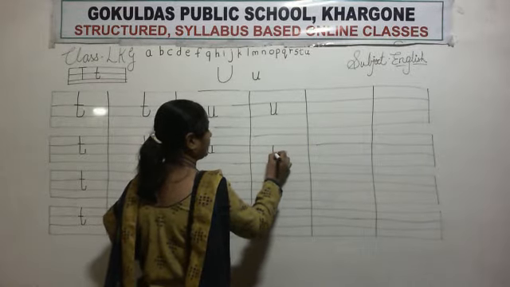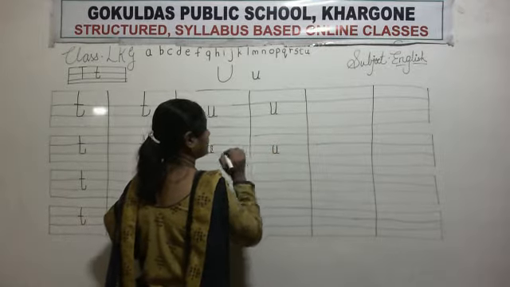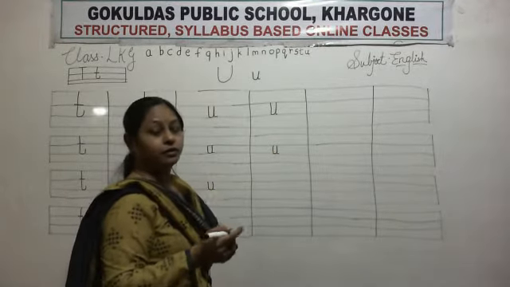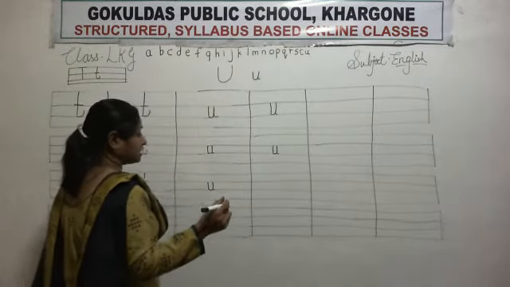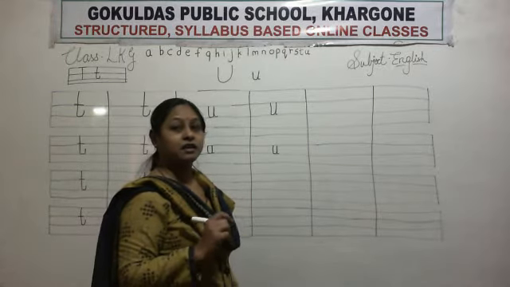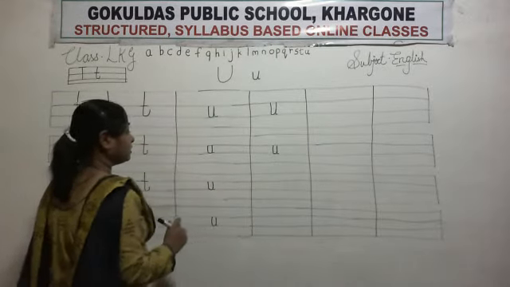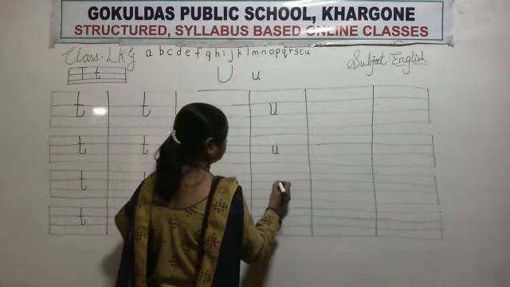Standing line, then curve, upward, down, and one small tail of letter U. Which letter is this? Letter U. And the sound of U is up. Okay? Yes. Write with me.